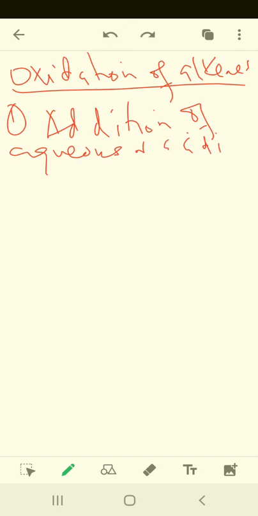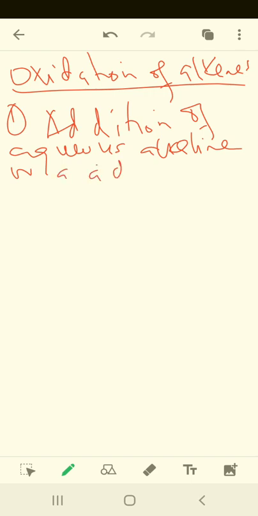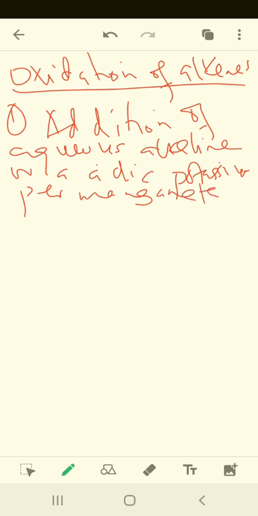Okay, there is a mistake here. It is addition of aqueous alkaline or acidic potassium permanganate.